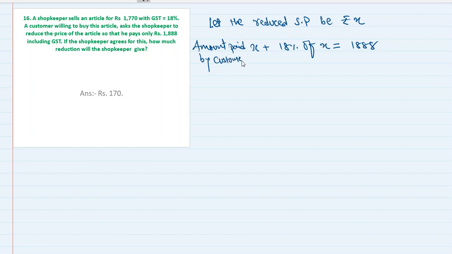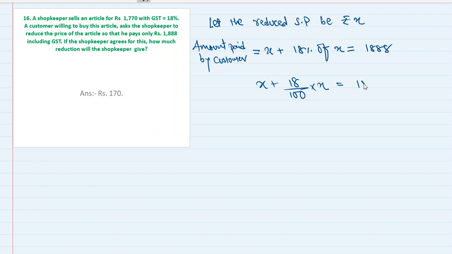Amount paid by the customer is x plus 18% of x, which is 1888. Let's solve this. X plus 18 upon 100 multiplied by x is 1888.